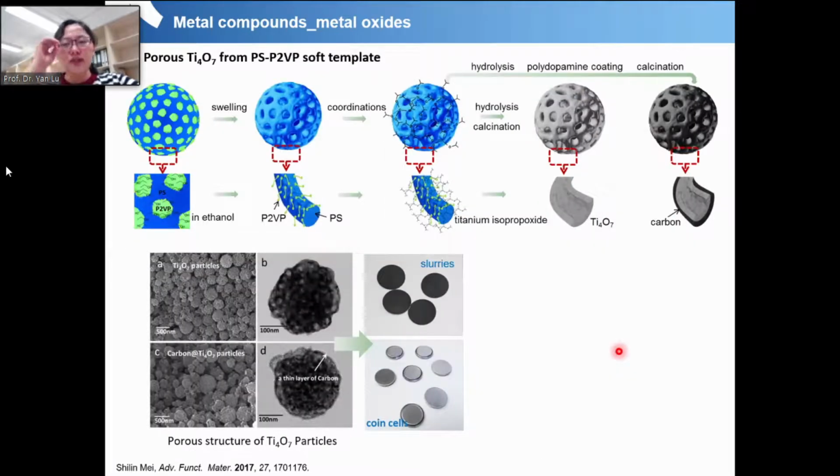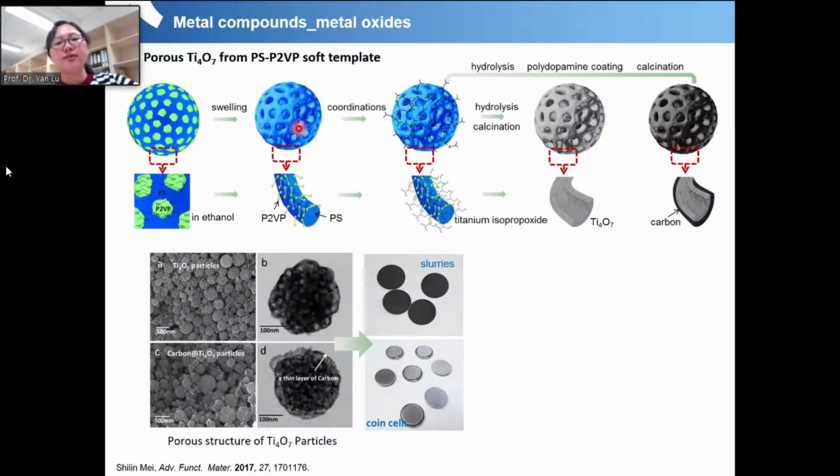Actually, we're also trying to synthesize titanium suboxide in our group. In our group, we're using a block copolymer as a template, so we use a soft template method. The block copolymer we use is styrene P2VP, and it can self-assemble into such a porous structure. By selective swelling, we can generate pores in the system.